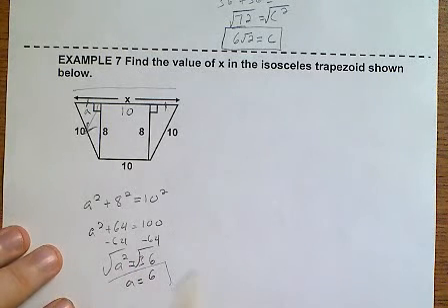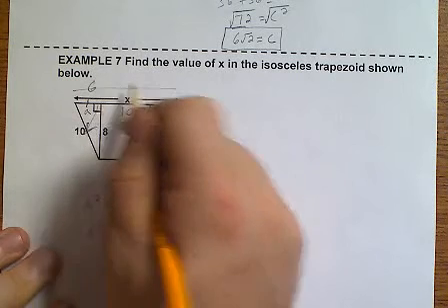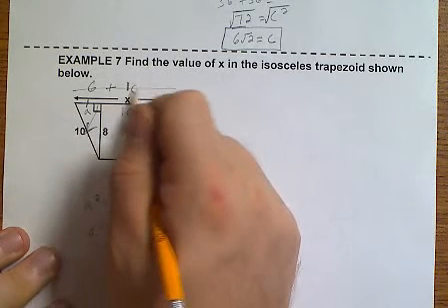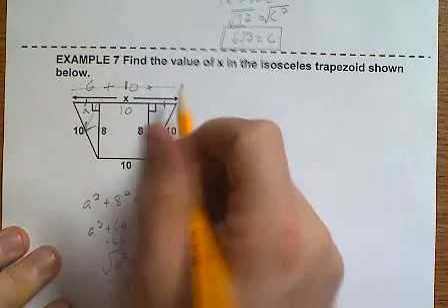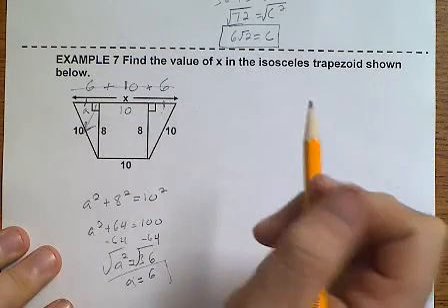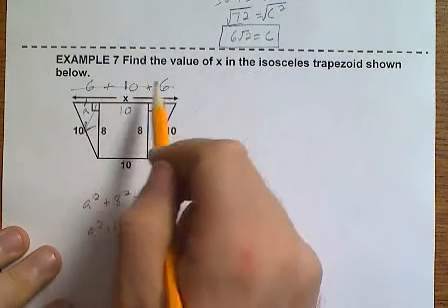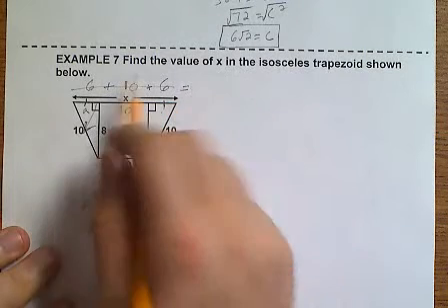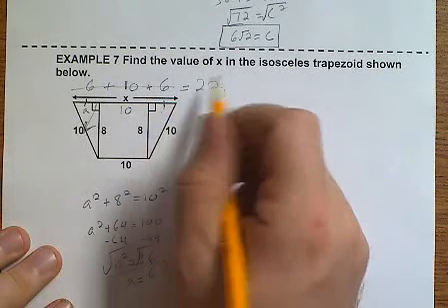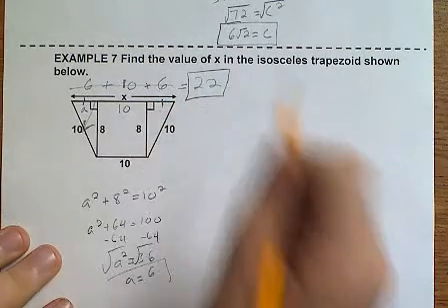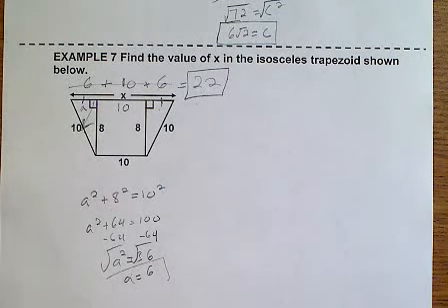But that's not our answer. We don't want to know what A is, we want to know what x is. So this piece is 6. This middle piece is 10. And this piece is going to be the same, so I know that it is also 6. So 6 plus 10 plus 6 is 12 plus 10 is 22. And so our answer is 22.